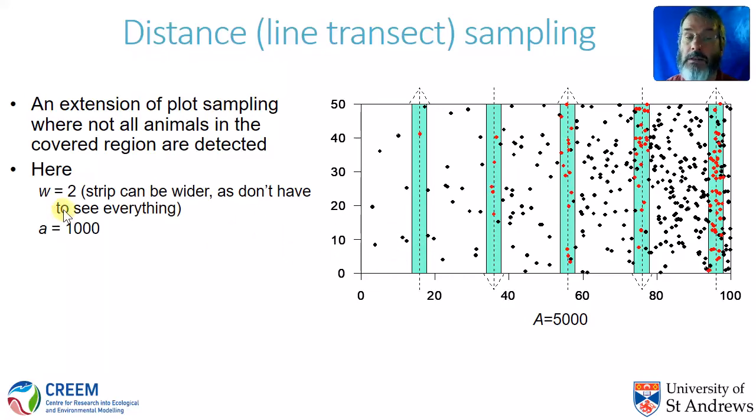And because the strip width, W, is bigger, the size of the study area that we visit is larger, because we still have 5 strips, each of them being 50 units long, so the total length of these strips is still 250. But now, instead of them being 2 units wide, they're now 4 units wide, and so 250 multiplied by 4 gives us our little a of 1,000.